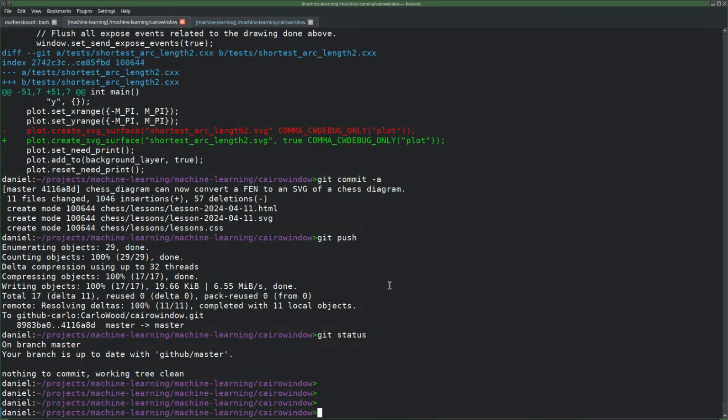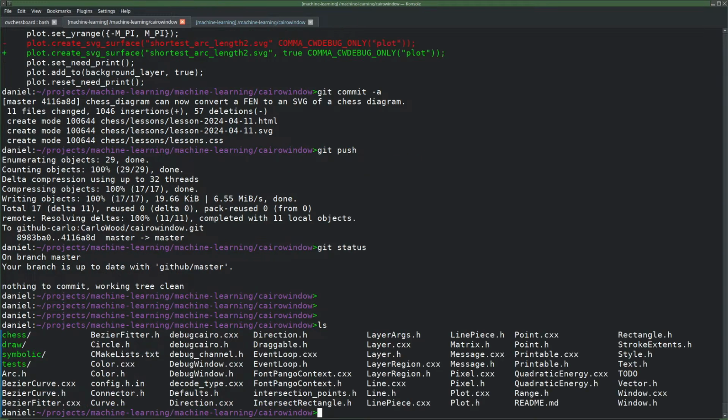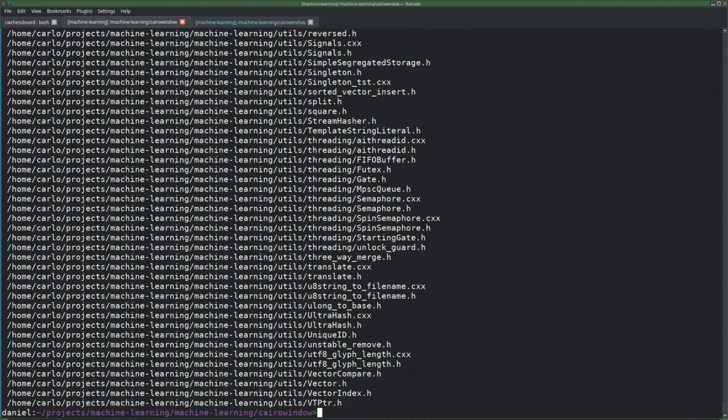Yeah, this is a difficult problem. I don't know what this S is doing, but you can't pipe the output.